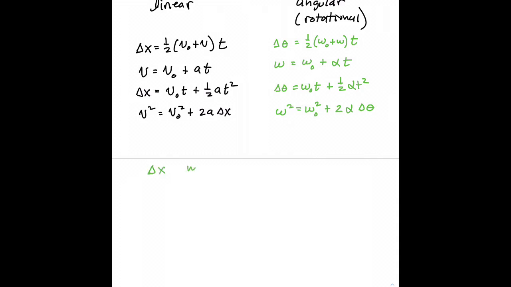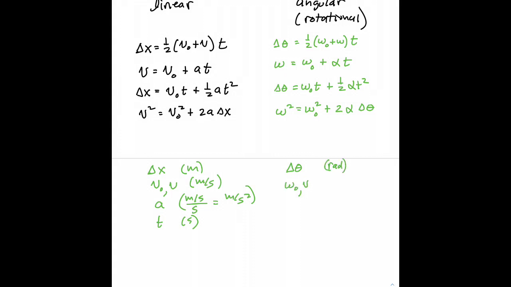Delta x is measured in meters. Initial velocity and final velocity are both measured in meters per second. Acceleration is measured in meters per second per second, which is equivalent to a meter per second squared. And of course, time is measured in seconds. When it comes to rotational or angular motion, displacement is measured in radians.